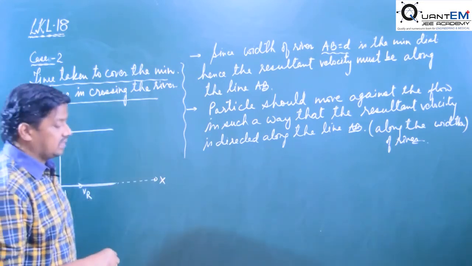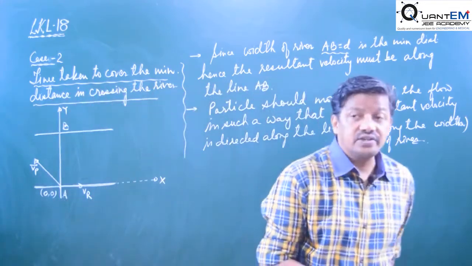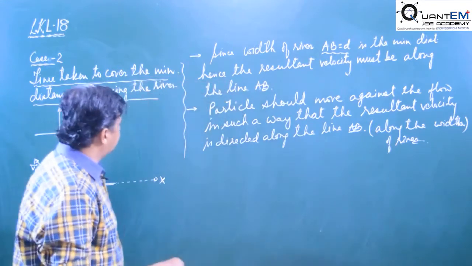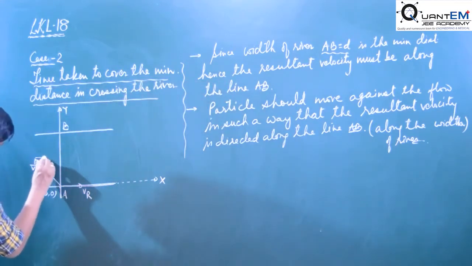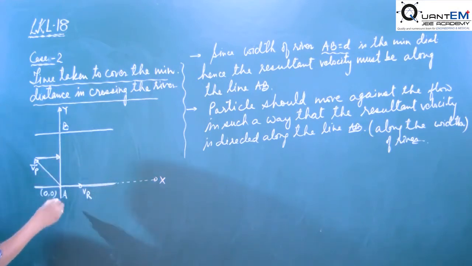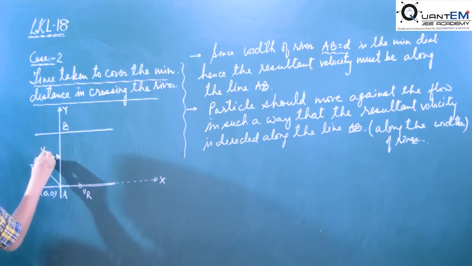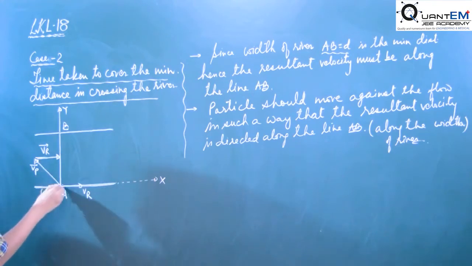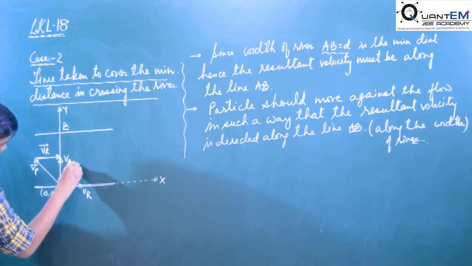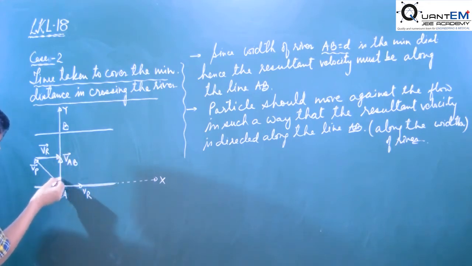So we use the parallelogram law of vector addition, the head and tail rule of vector addition. See, this VR is shifted here, and the resultant of VP and VR, this velocity, is VAB. So it should be moved against the flow.